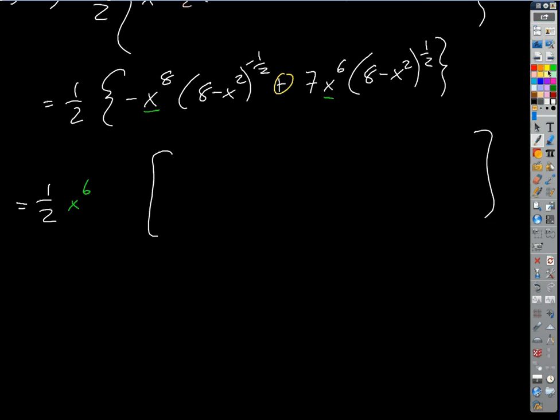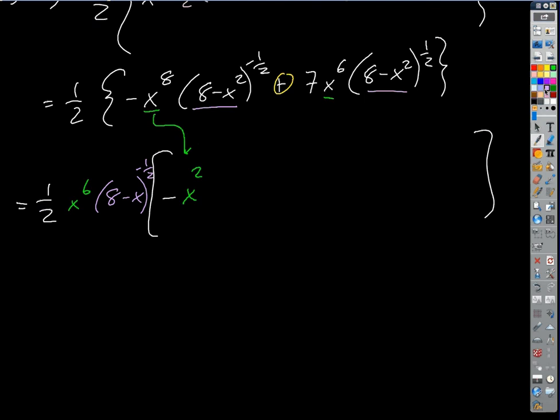And then what about my other base? Those are like bases. What's my least power of that base? Negative 1/2. So I get the quantity 8 minus x squared to the negative 1/2, and now we've got to see what's left over, okay? So we're going to get a negative, what's going to be left from my x's? x squared.